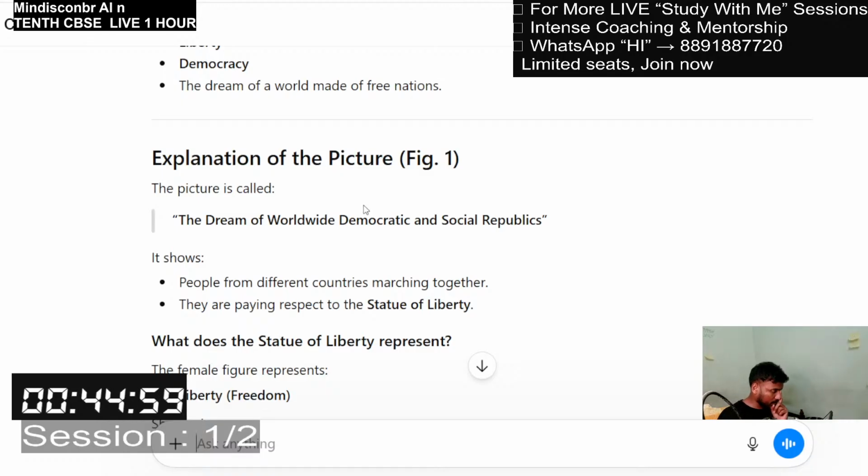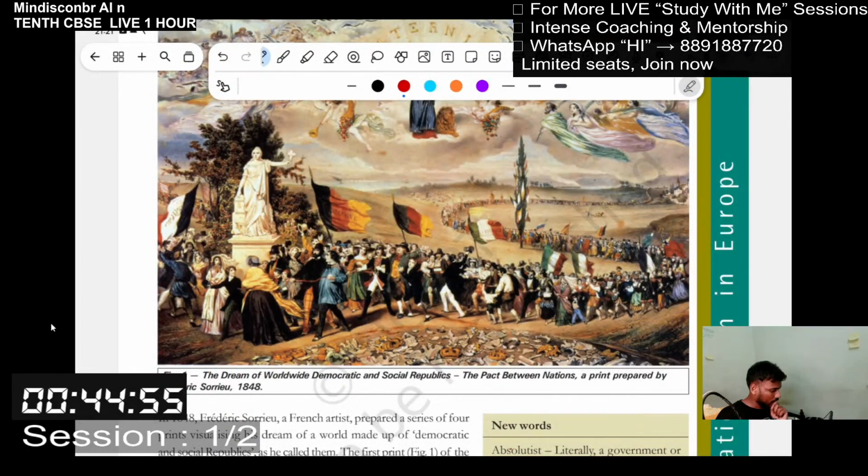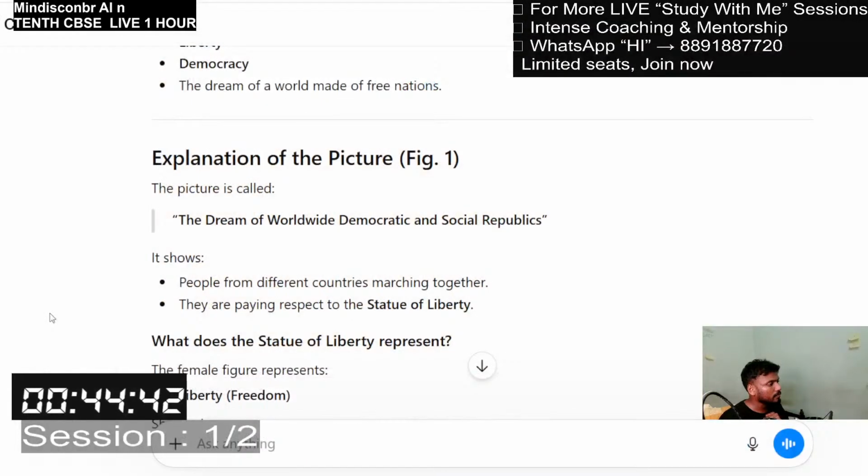Here in the textbook itself, the figure is given as the dream of worldwide democratic and social republics, The Pact Between Nations, a print prepared by Frederick Sorio in 1848. It shows people from different countries marching together. Where are people from different countries?